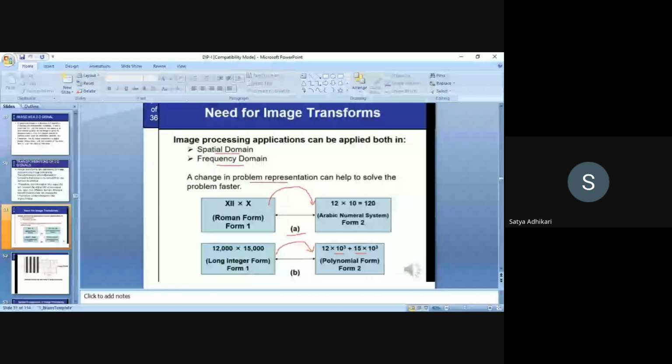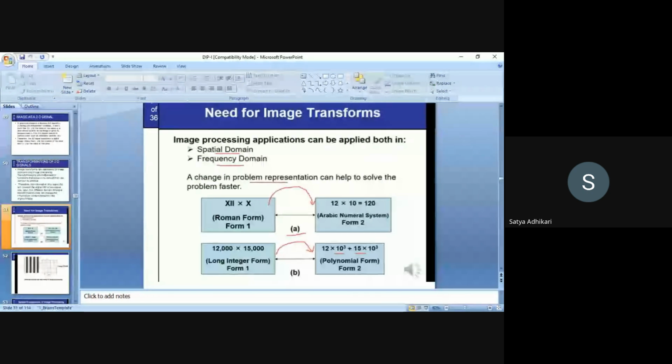12,000 into 15,000. If we multiply this directly, it will take more time.